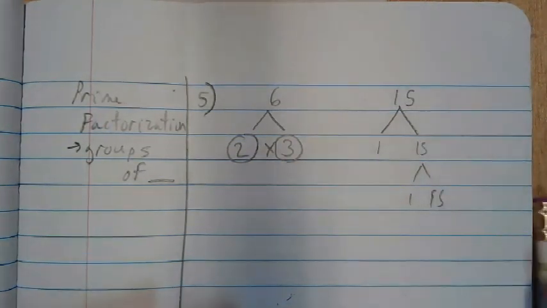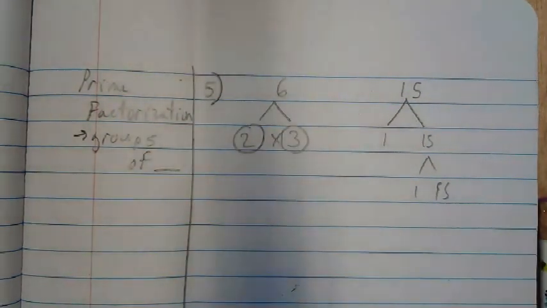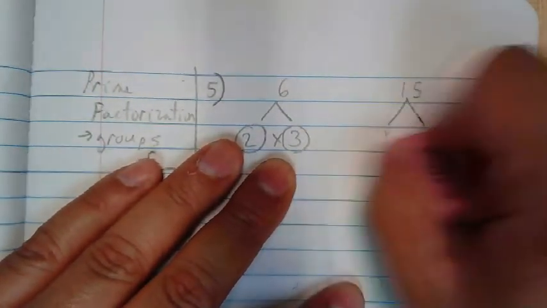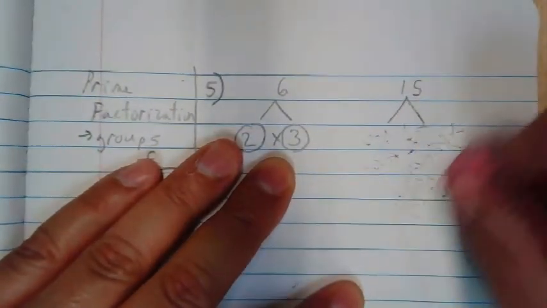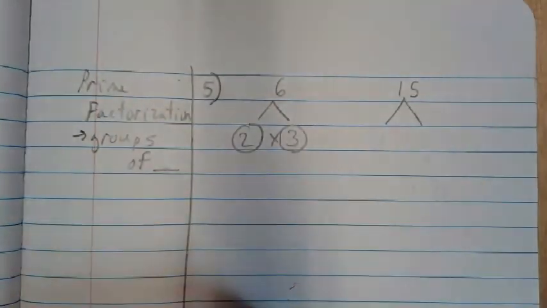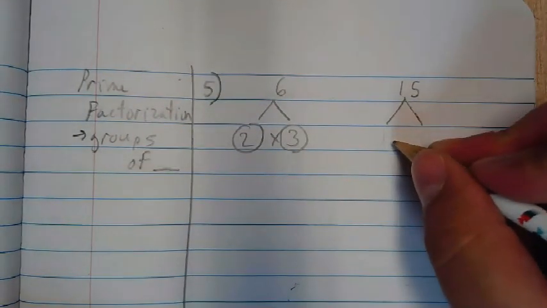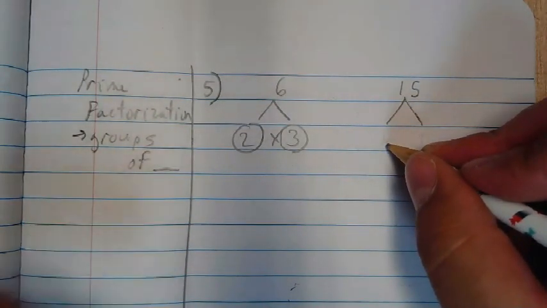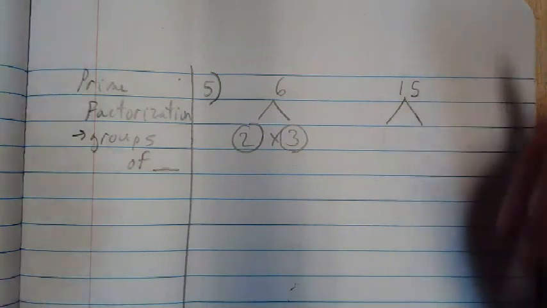Right? 7 plus 7 plus 7 plus 7 plus 7. 5 groups of 7, 35. 1 group of 9, 9. 2 groups of 9, 18. 3 groups of 9, 27. 4 groups of 9, 36. 5 groups of 9, 45.